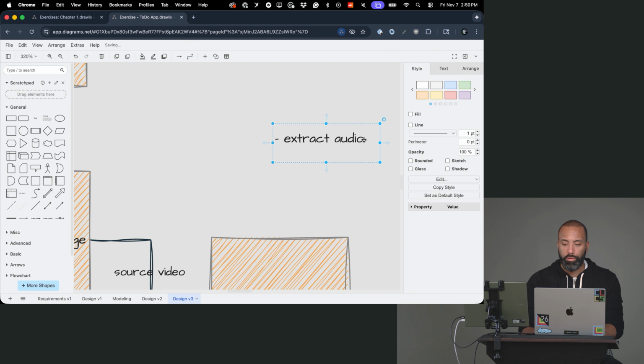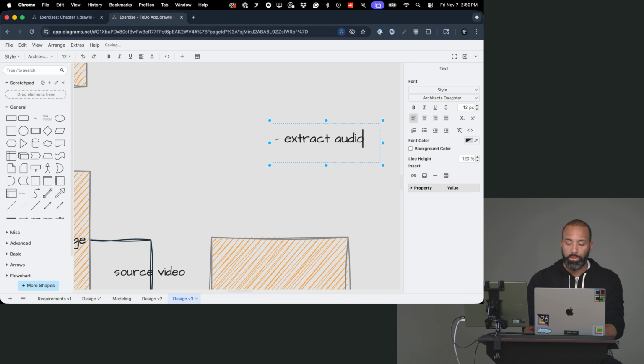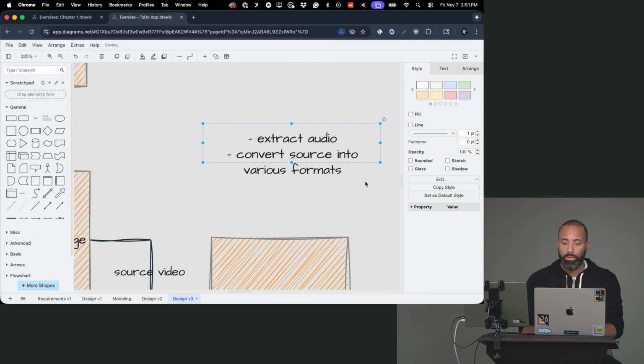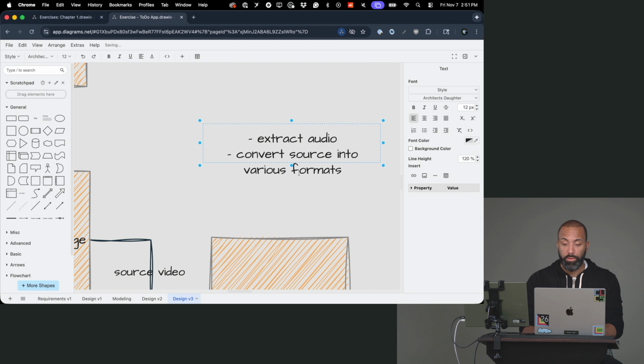And we need to convert the source into, say, various formats. And then grab the thumbnails here too, I suppose. We need to create the thumbnails too. Good call.